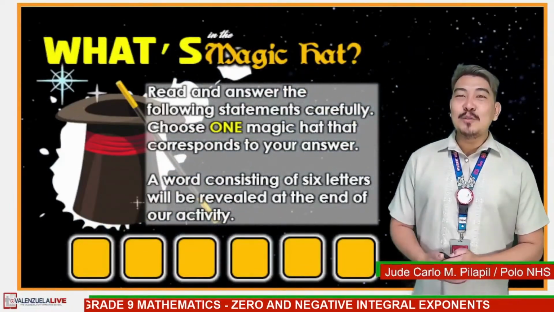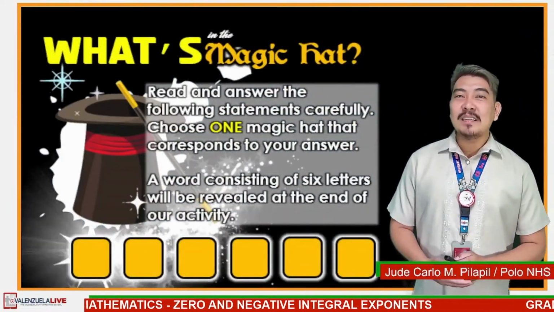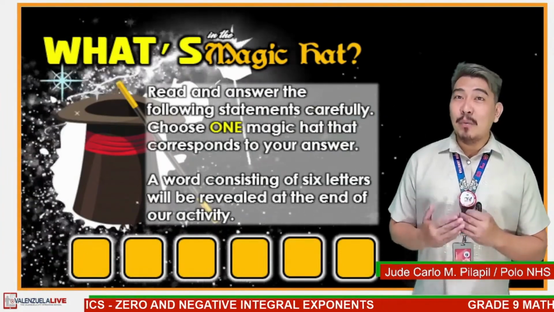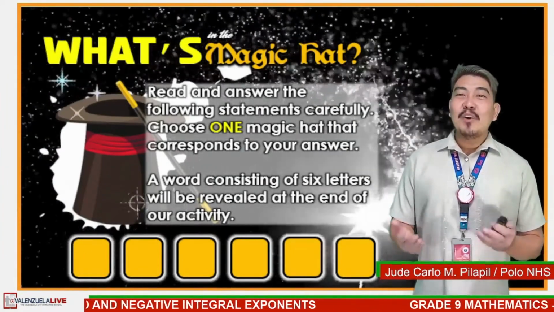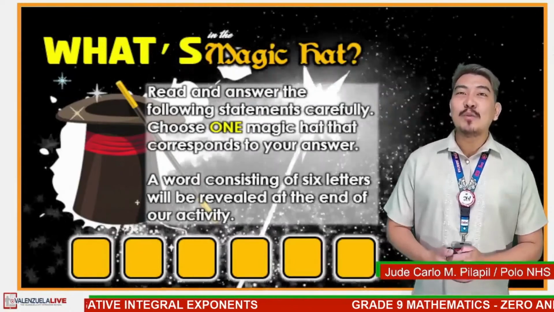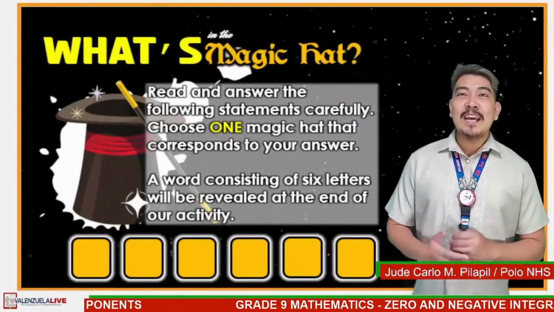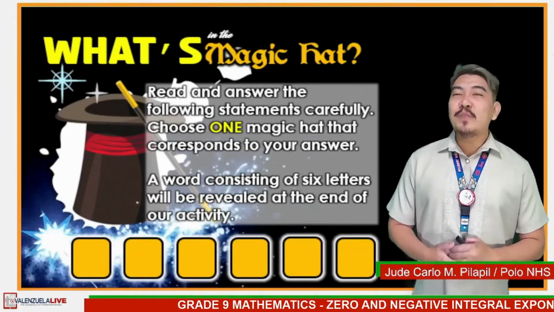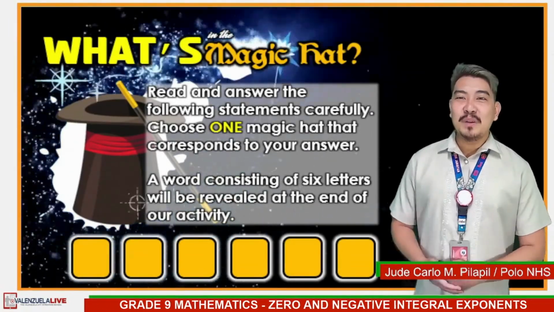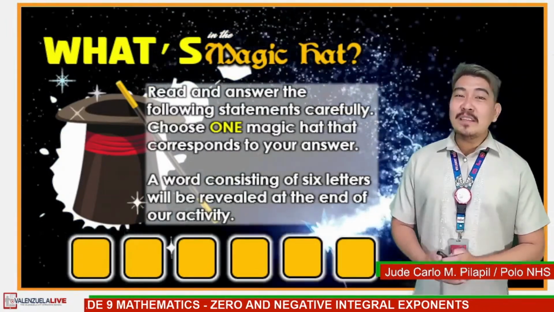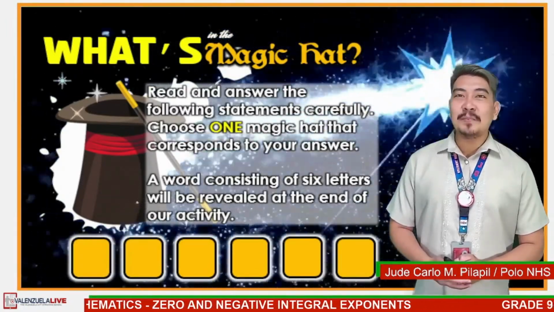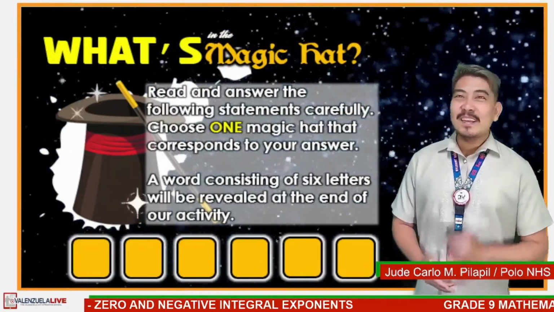We need to choose one of the magic hats that best describe our answer. The correct hat has a letter clue to our mystery word. So again, the letter clue will be used to unveil our mystery word. We are only given 10 seconds to answer each question. So are you ready? Let's start.